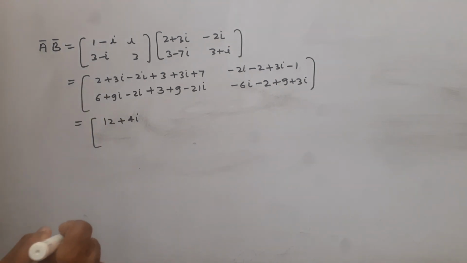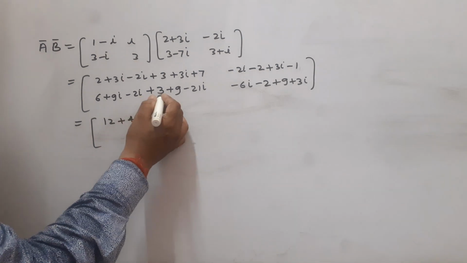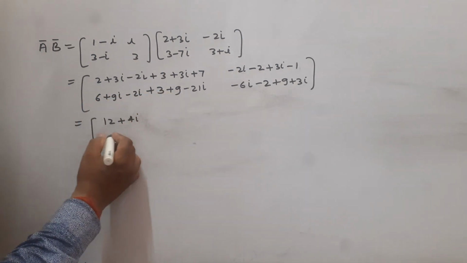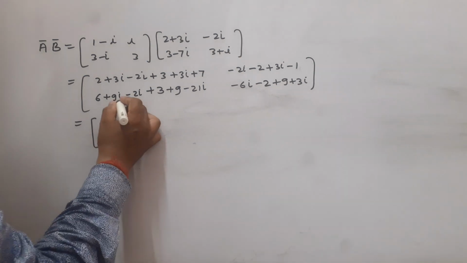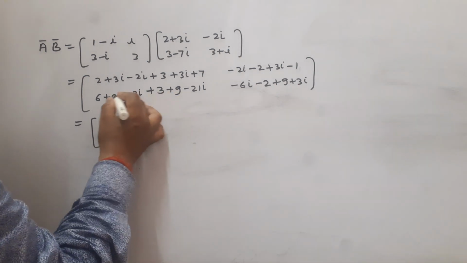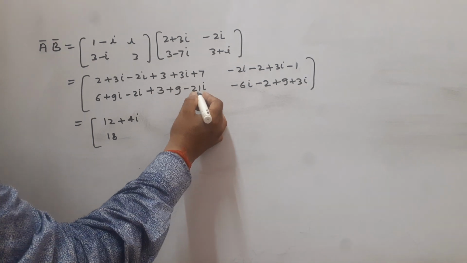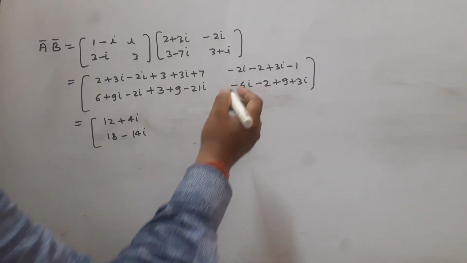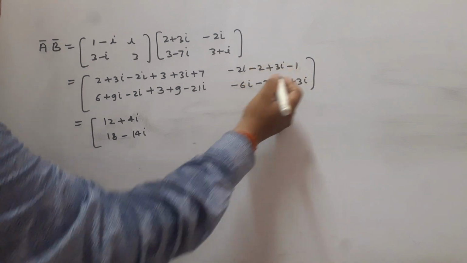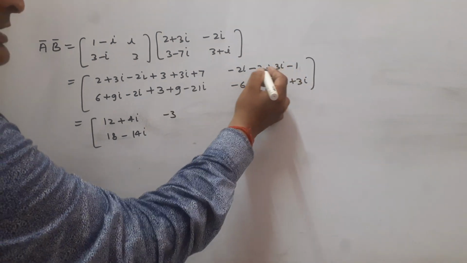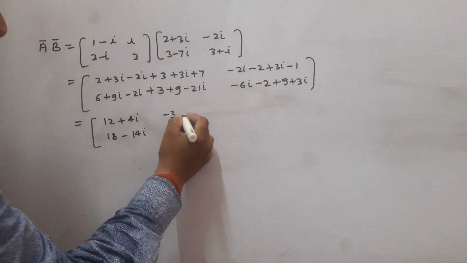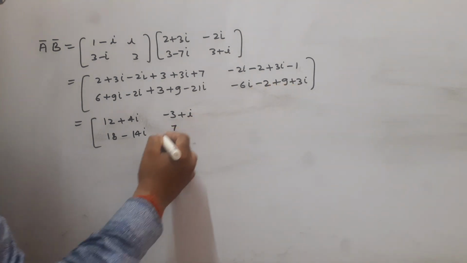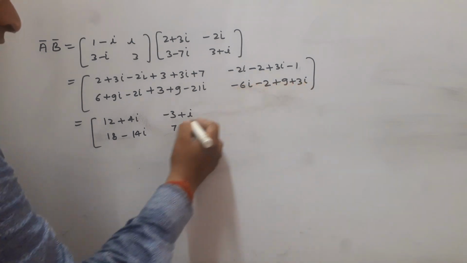And 3 plus 9 plus 6, 9 plus 9 is 18 here, and 9i minus 2i is 7i minus 21i, so this is minus 14i here, and minus 2 and minus 1 is minus 3, and 3i minus 2i is plus i here, and 9 minus 2 is 7, and 3i minus 6i minus 3i.